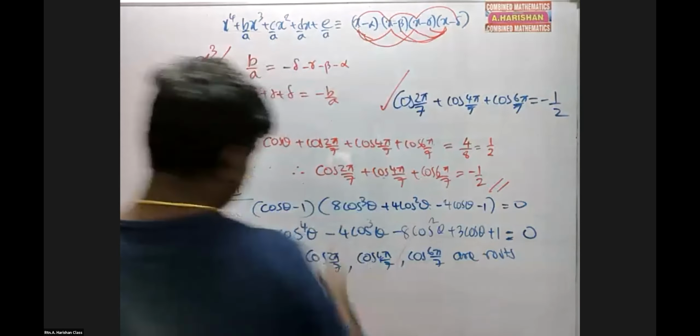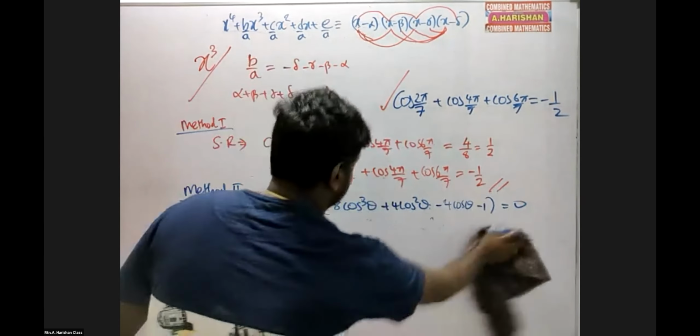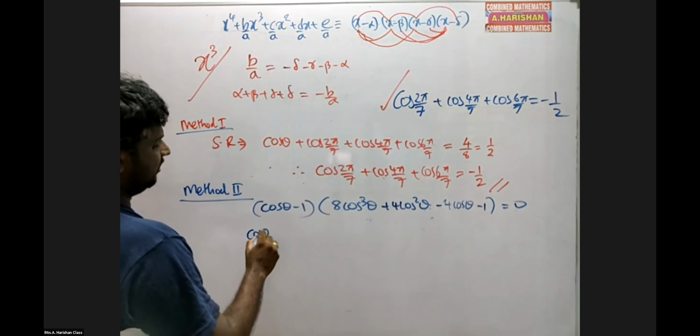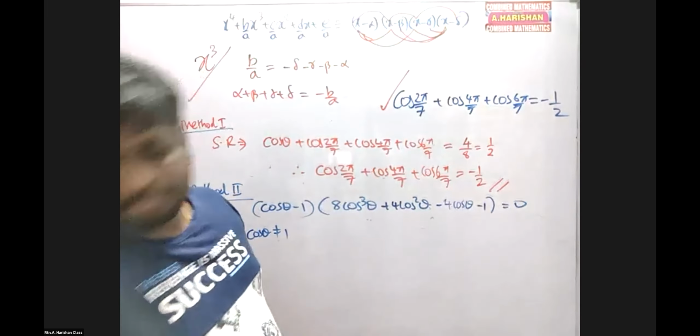So you can factorize this. I erase this. So since cos theta is not equal to 1, because we are not interested in that, because they didn't say.